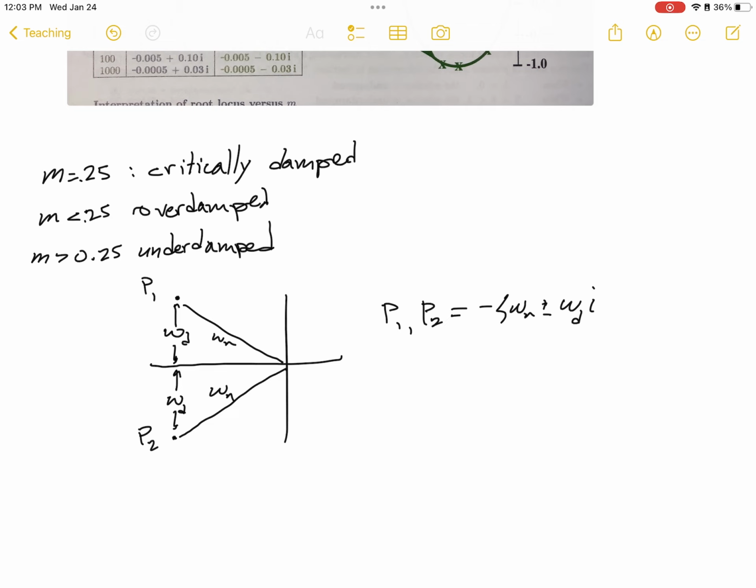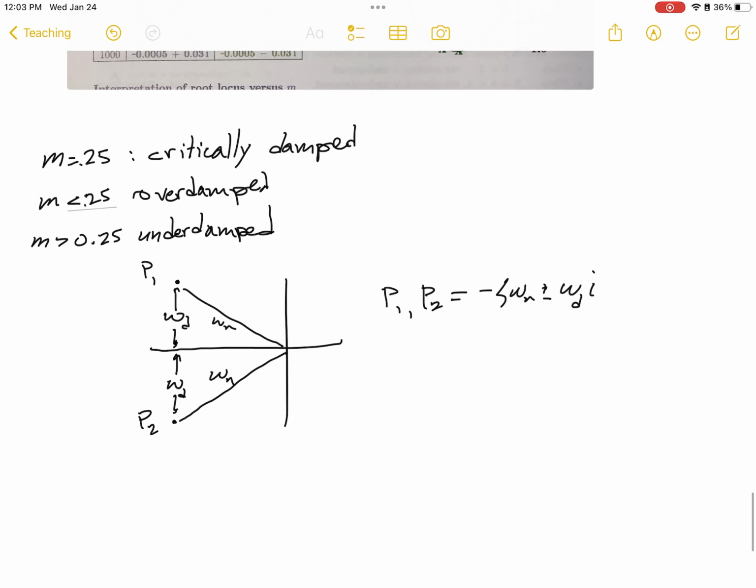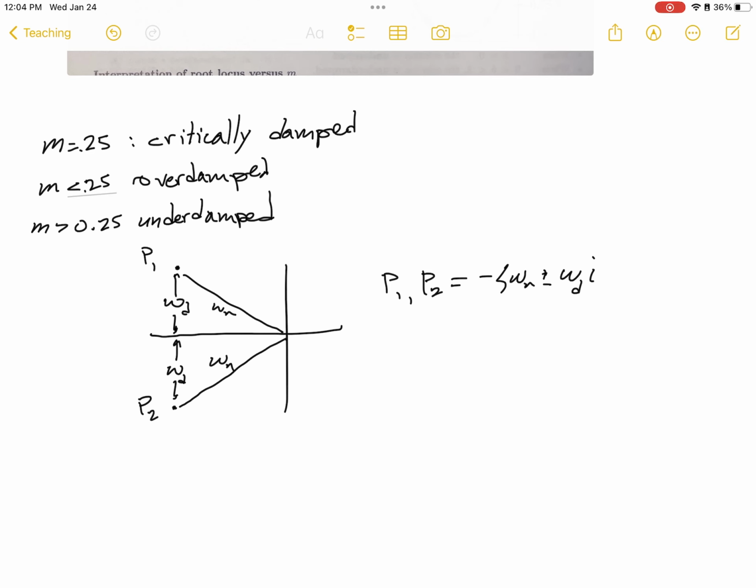But also, if you move those poles to the left or right, you'll affect the natural frequency, which affects zeta as well. So if we measure this theta, then zeta is actually going to be equal to the sine of theta.